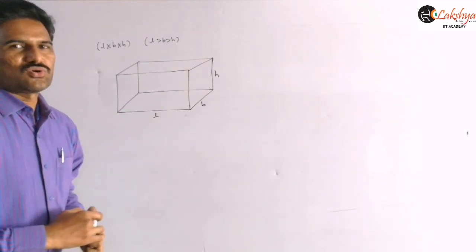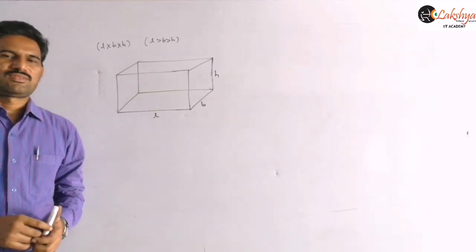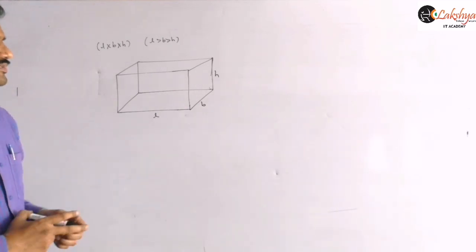Then find the ratio of maximum resistance to minimum resistance.